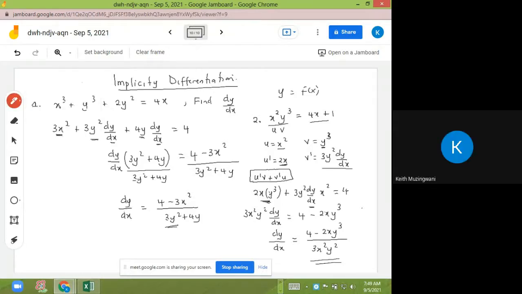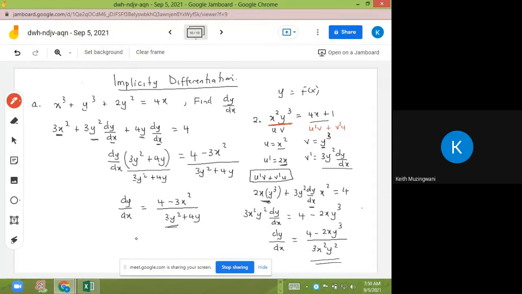So we said, since we have x squared being multiplied by y to the power 3, to differentiate this we use the product rule. We assume that we have a product uv, and the product rule says the derivative of uv is u prime v plus v prime u, where u prime is the derivative of u and v prime is the derivative of v.